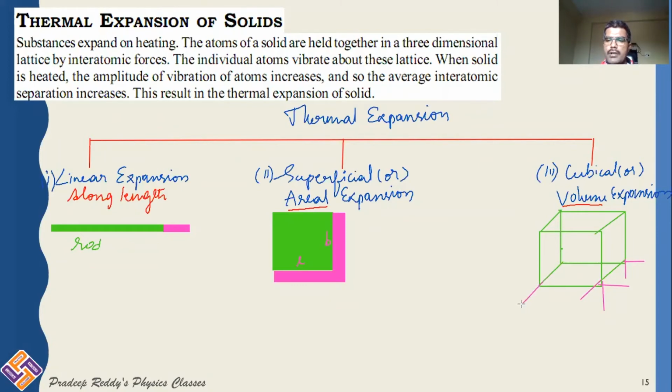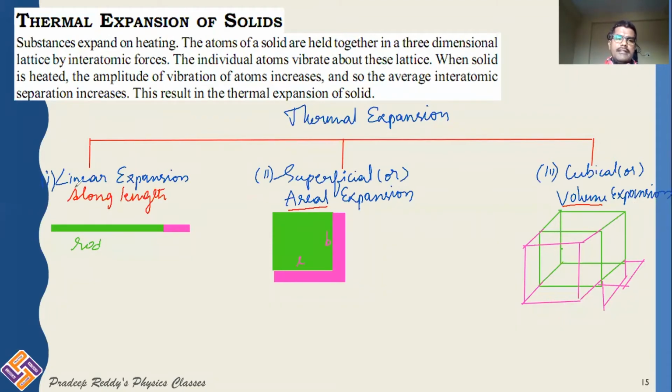So as a whole, you could see this expansion is three-dimensional. This is after expansion. So the expansion is along length, breadth, and height. This is how, if it is three-dimensional, the expansion would be observed along the volume.